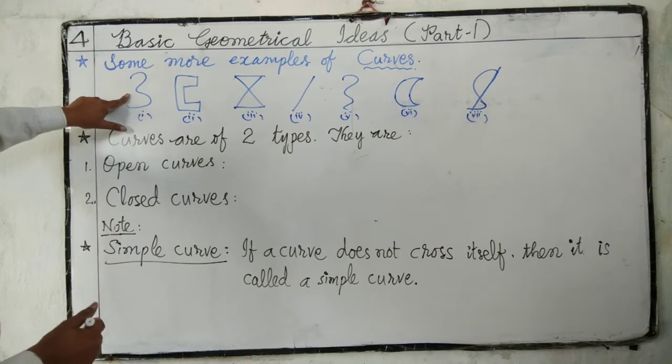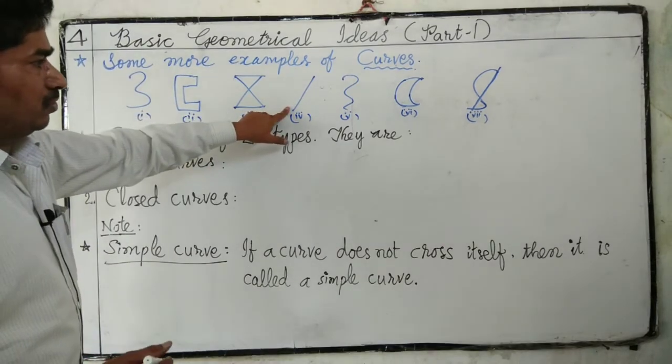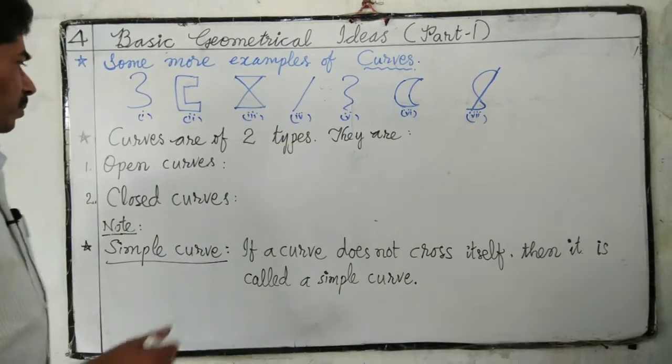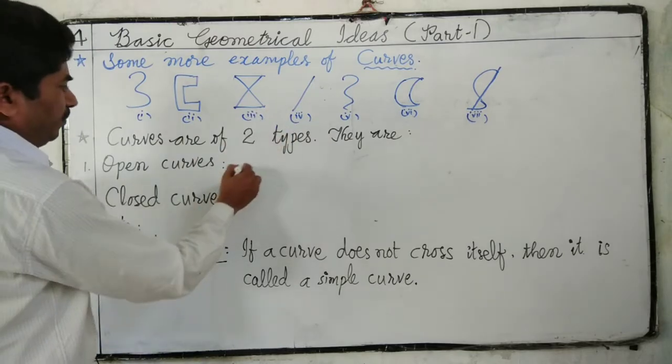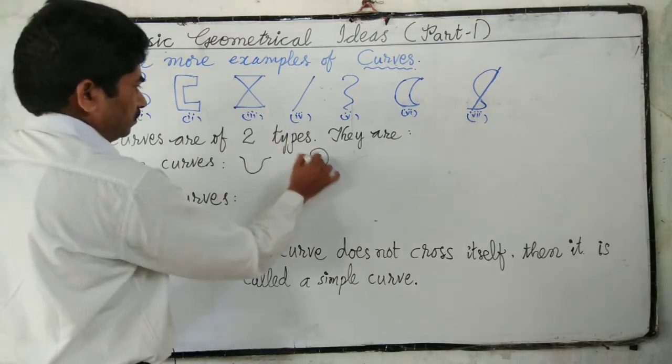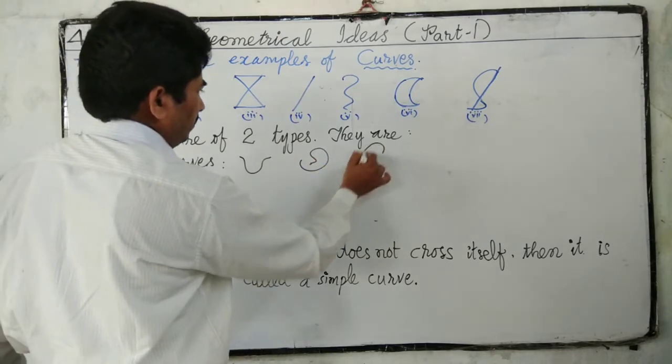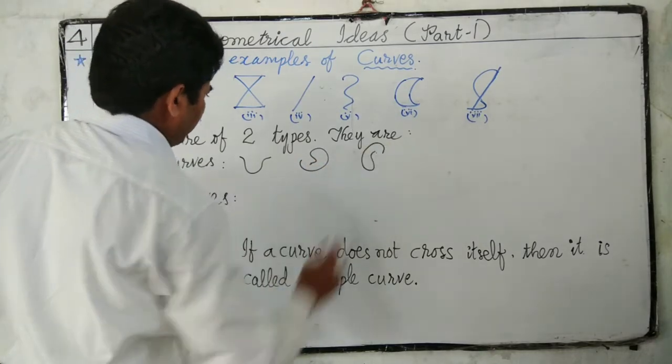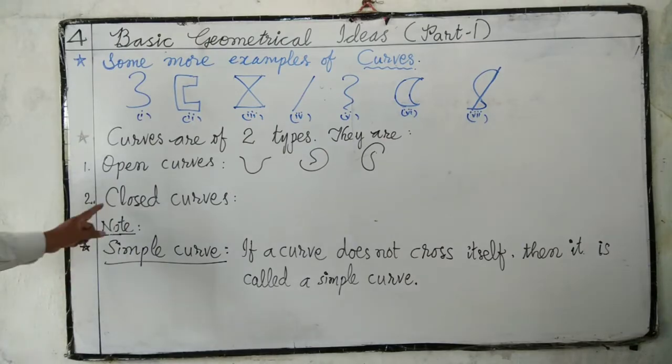This first one, fourth one, fifth one, like these figures are open curves. And the second one, closed curves.